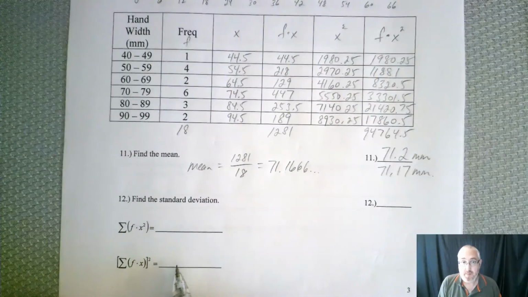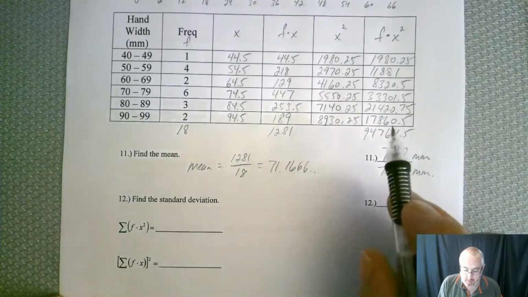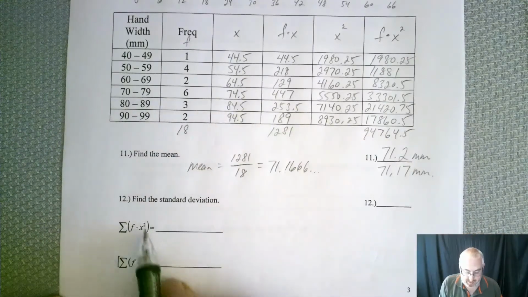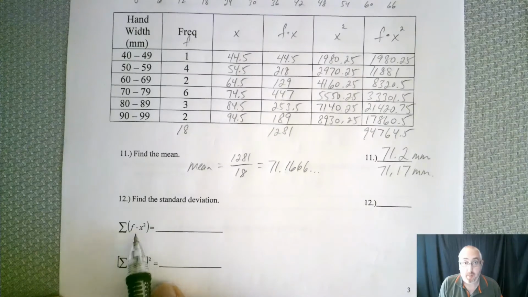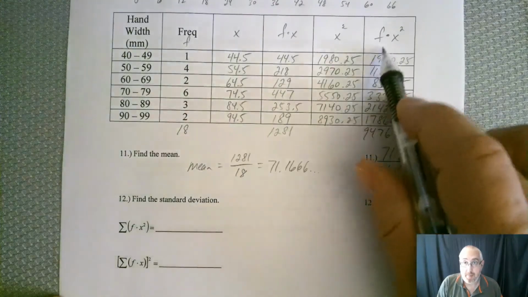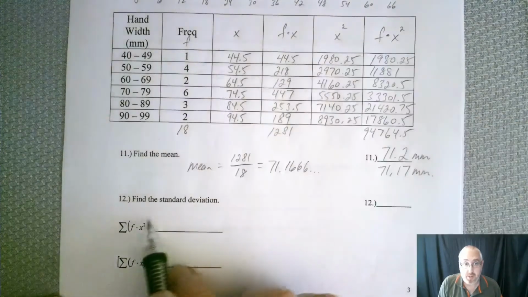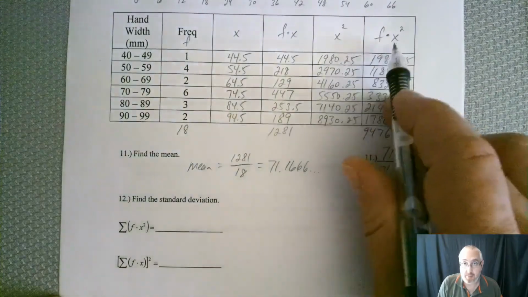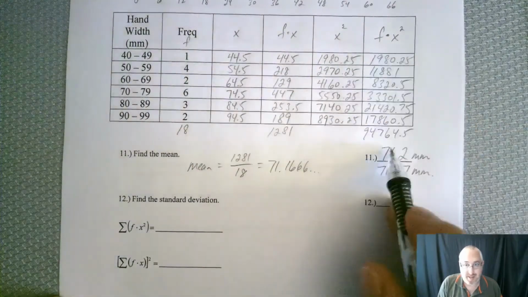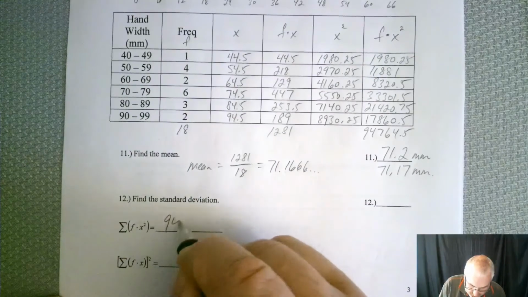Now, we need these two sums. So if we're going to figure out these two sums, we got to know what this is adding up. So f times x squared. So that is the column name. So all they want you to do is add up this column, which we just did. So that is the first sum.